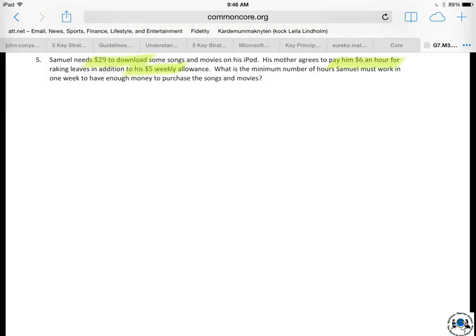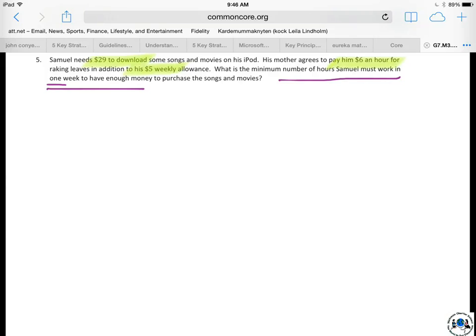Our question is, what is the minimum number of hours that Samuel must work in 1 week? That's really important, 1 week, to have enough money to purchase the songs and movies. So we've got $29 for the songs in total. He's going to get $6 an hour for raking leaves, and he's going to get the $5 weekly allowance.